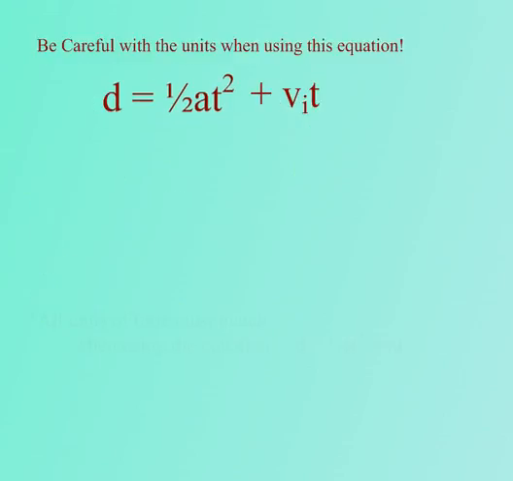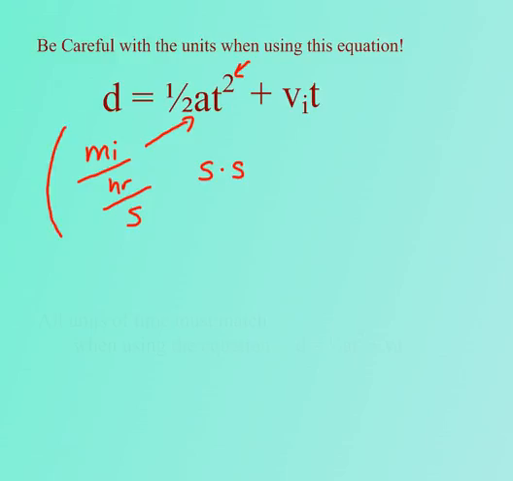Now, be careful with the units here. Mixed time units will not work out in this equation. Let me give you an example of what I mean by that. If we put in miles per hour per second for the acceleration, no matter what time the acceleration occurred in, if it's seconds, because the equation asks you to square the seconds, it would end up being seconds times seconds.